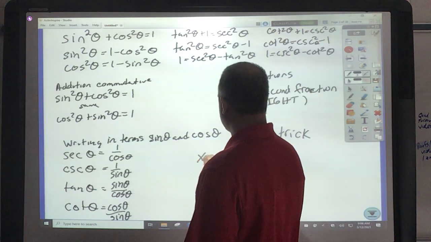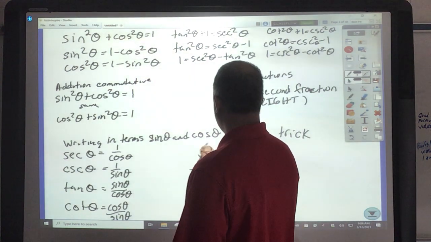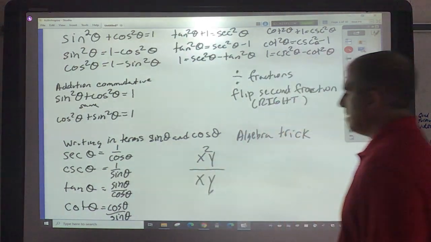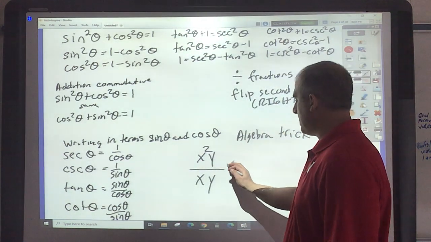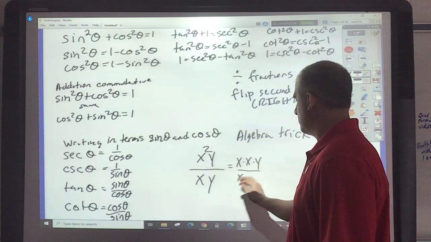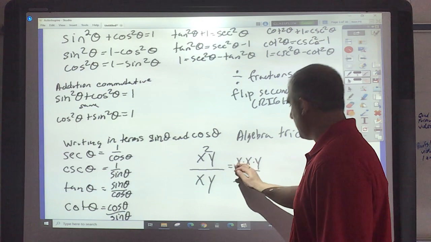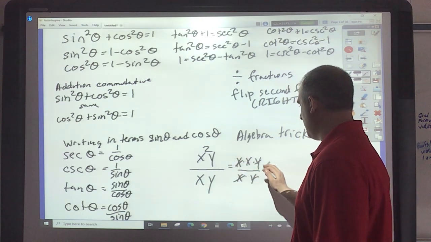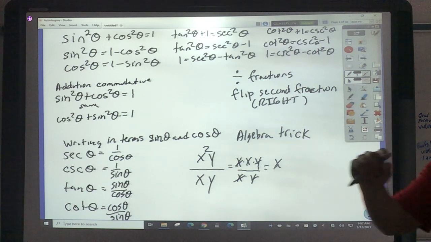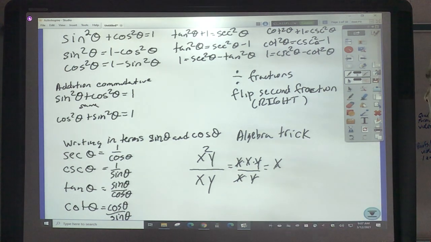If you have x times y, or x squared times y, and you have xy, keep in mind that what this basically means is this, where you can eliminate those. You're left with x. So that's a little trick, is sometimes you may need to separate those things out.